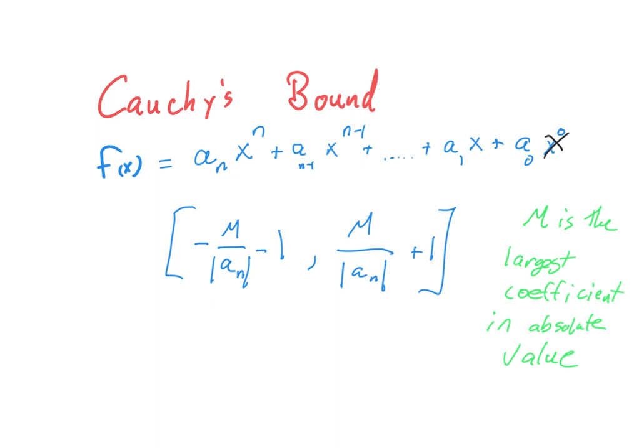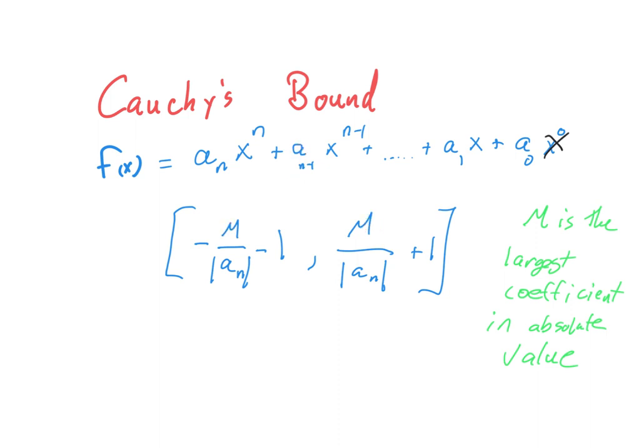But here's what it means: if I take m, and m is the largest coefficient of all these a's, I pick the largest one, and I take the absolute value of it. So just whatever it is, it's a positive number. So if this number here was a 12, and that's the highest number, then m is 12. If that was a negative 12, m would still be 12.